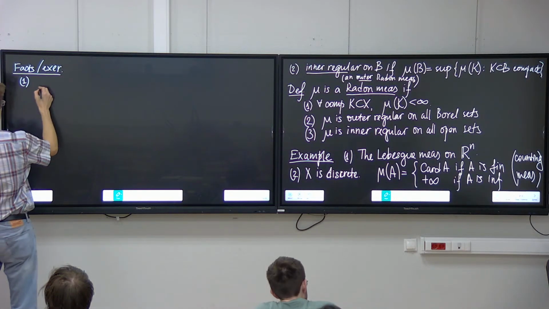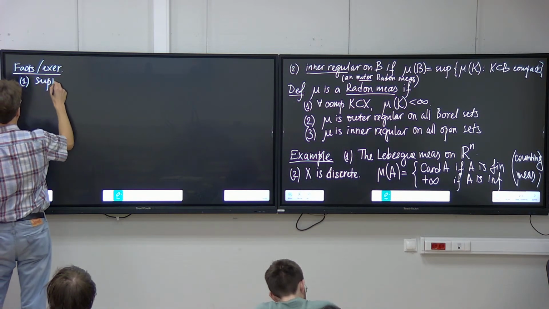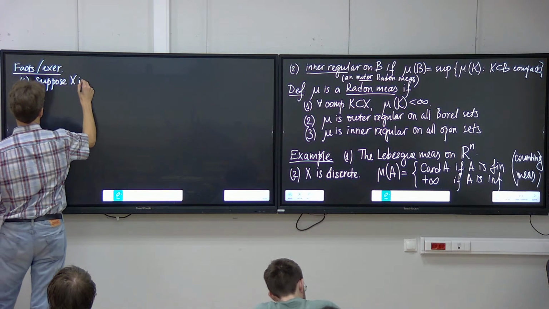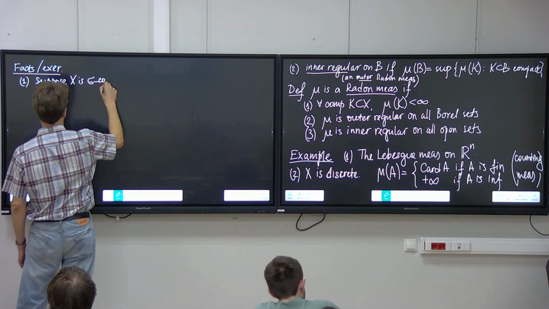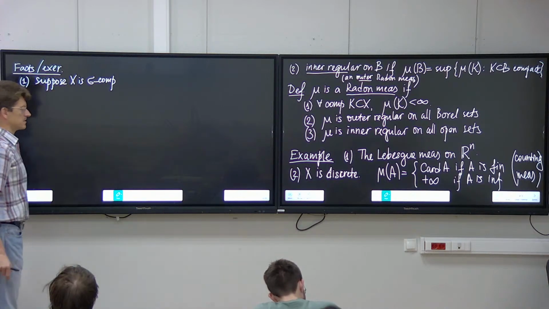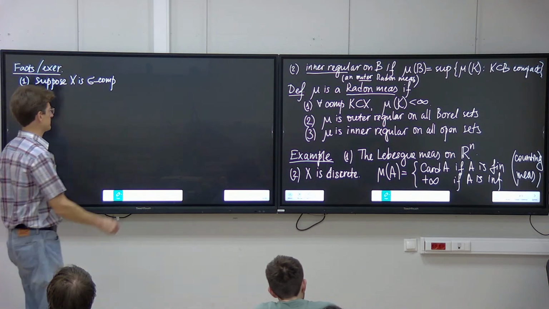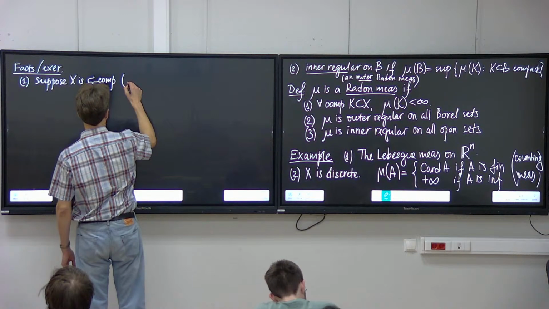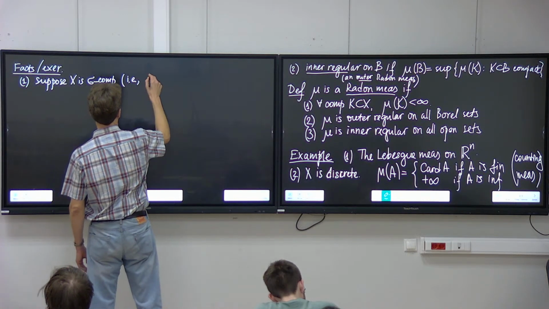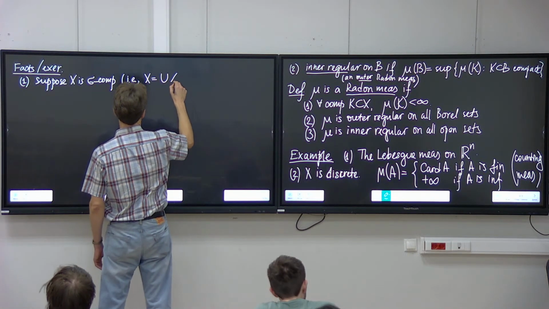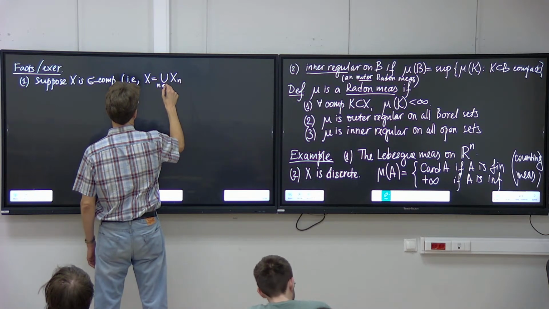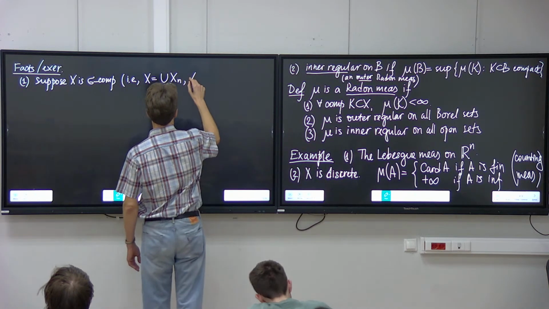Fact 1, suppose that X is sigma compact, which means that X is a union of countably many compact sets.